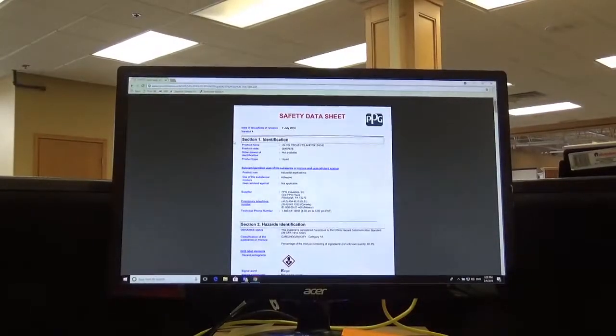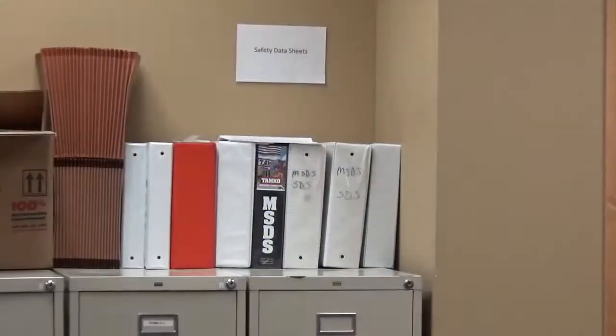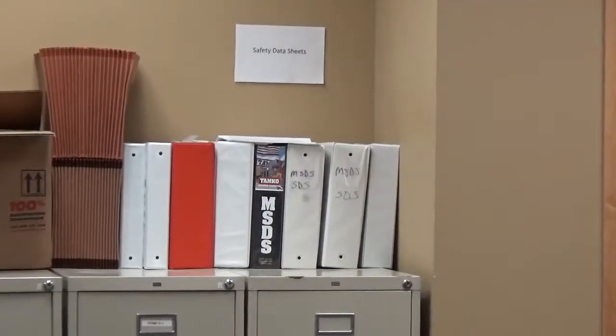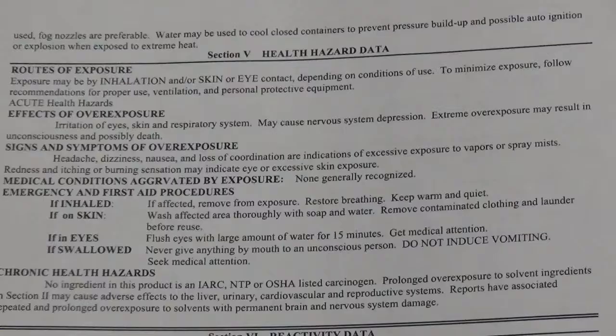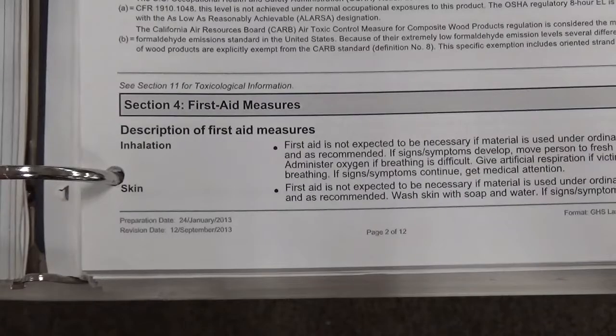These may be maintained online, or they may be in an organized book. The safety data sheet provides a great deal of information regarding the specific hazards of the material, the possible routes for entry for hazard materials such as absorption through the skin, eye contact, ingestion, or inhalation. The SDS also describes the recommended treatment for a person who has been exposed.